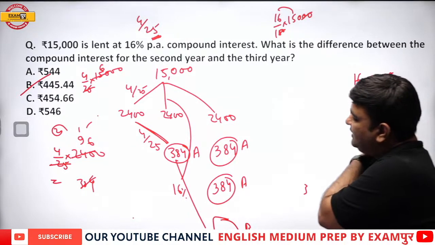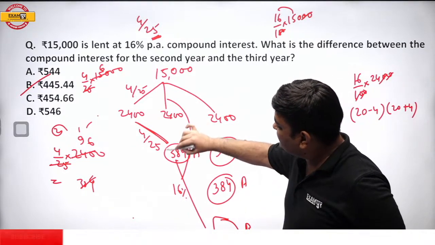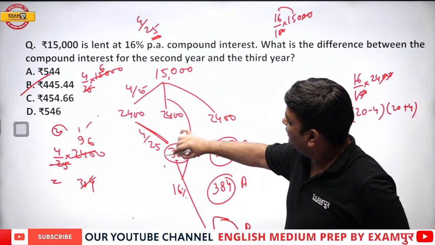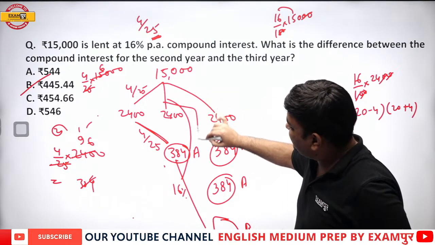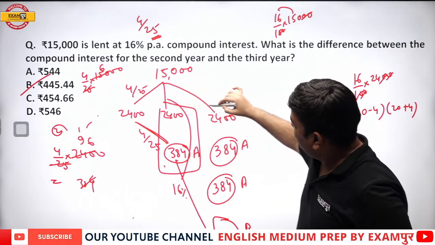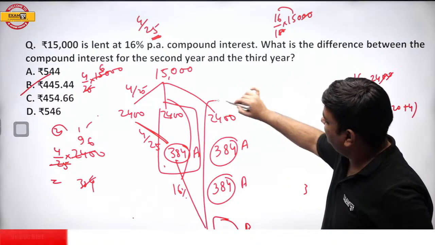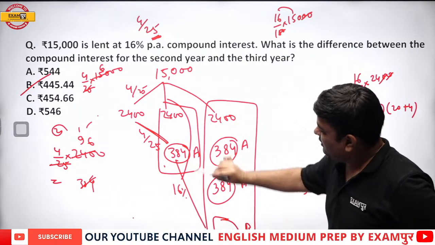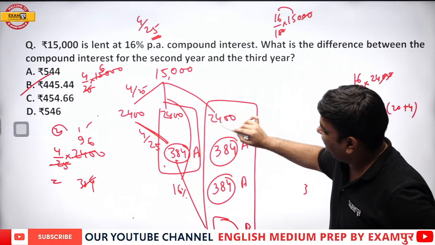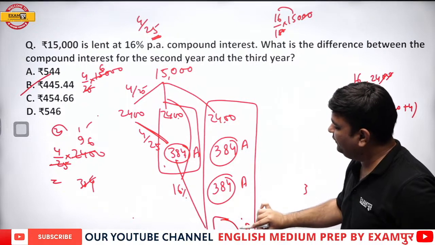So the difference between the CI of 2 years, this is the CI of 2 years, and this is the CI of 3 years. This component will get cancelled out. Only these two will remain.